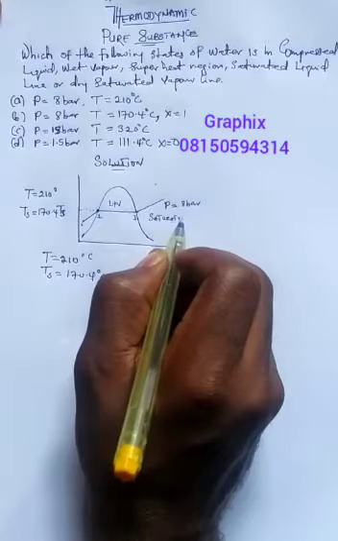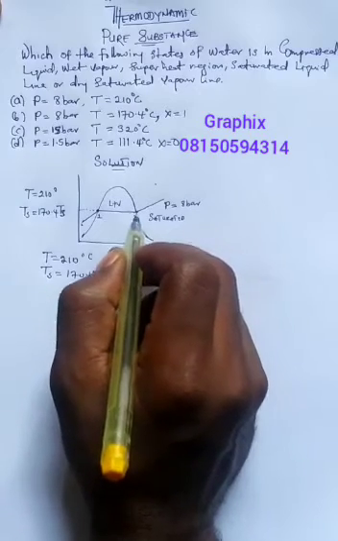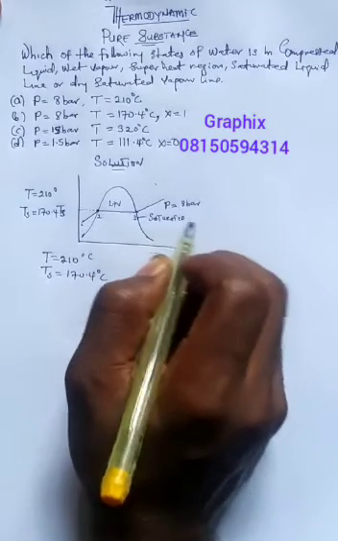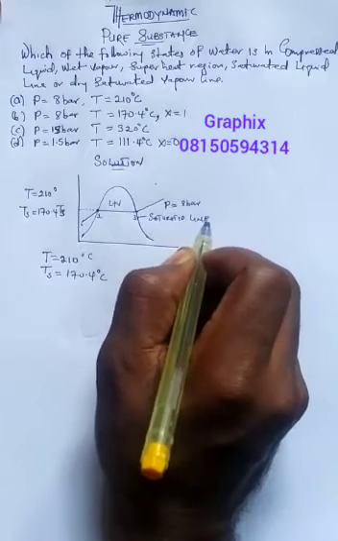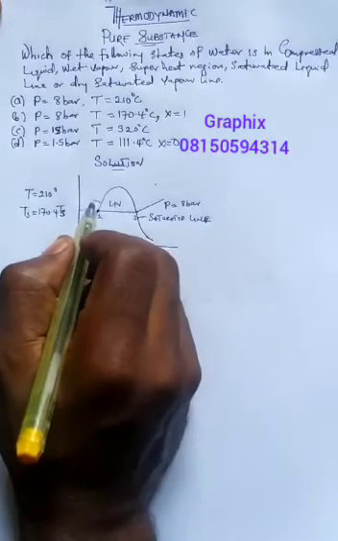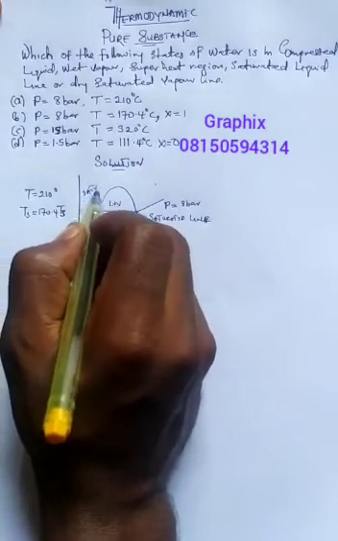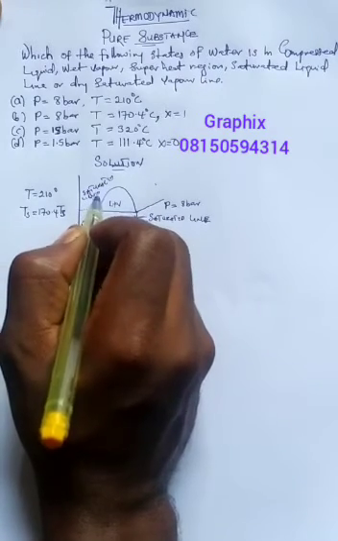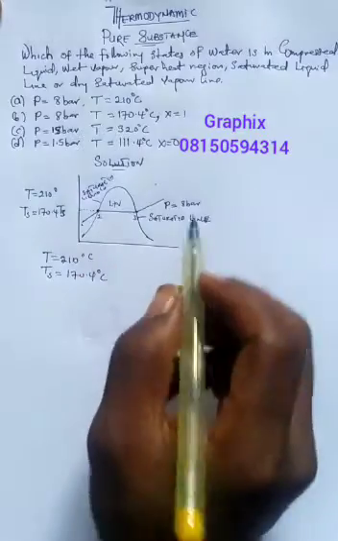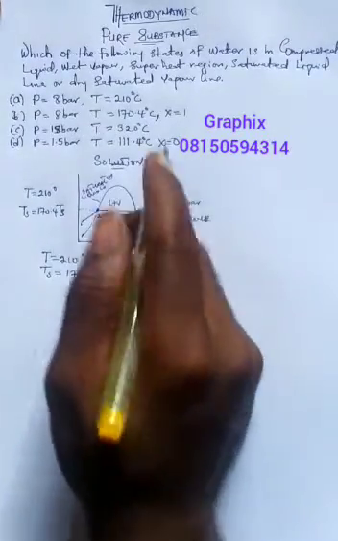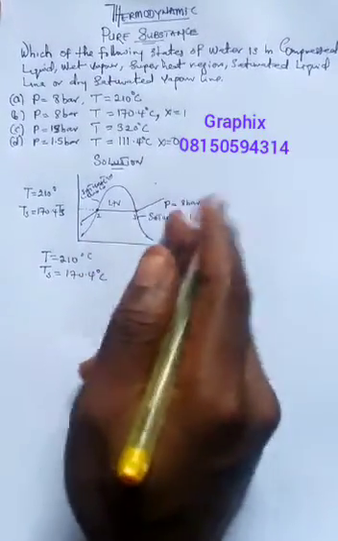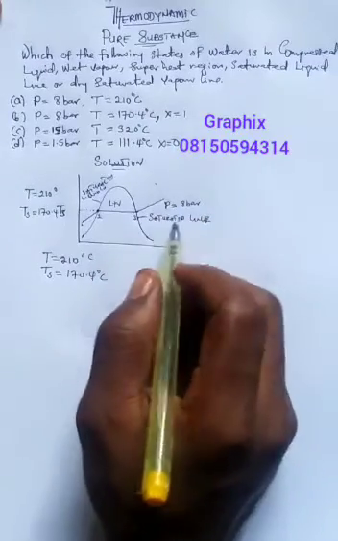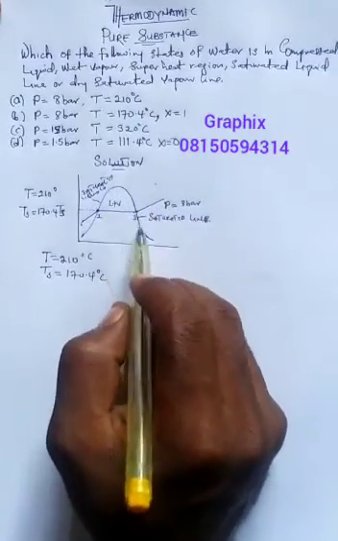This line here is the saturated vapor line, right? And this line here is our saturated liquid line. Are we good? So anything outside this line is superheated.